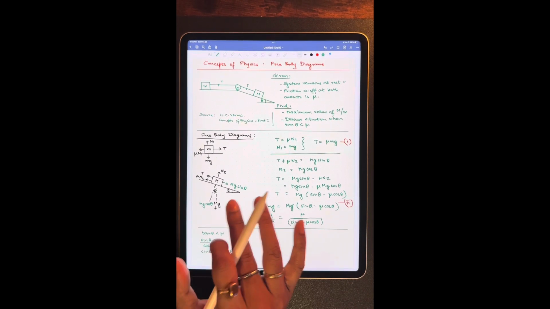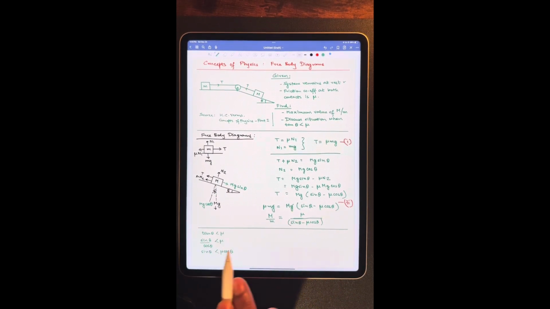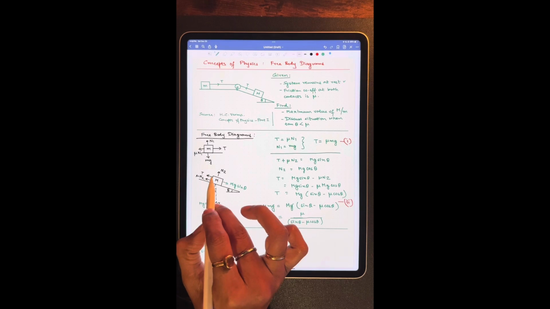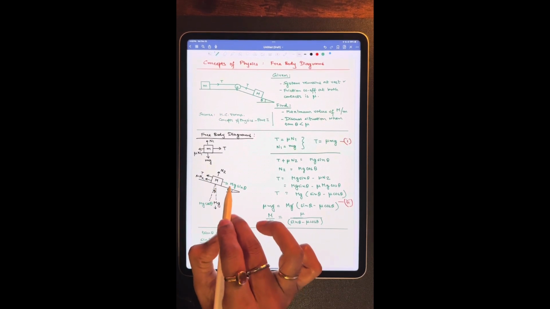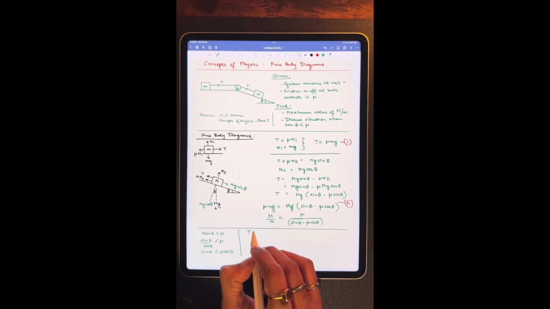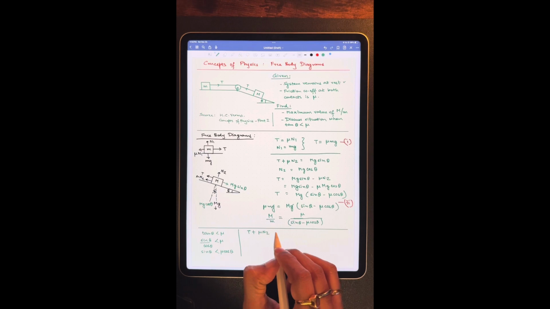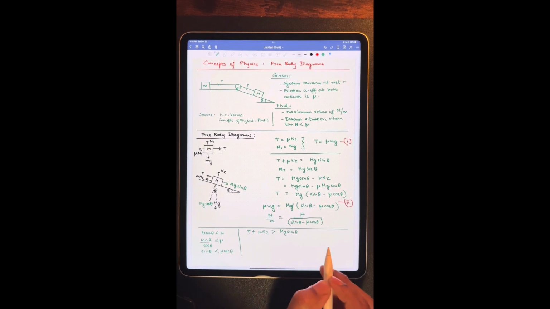For simplicity, let's take that this body will never slide down in any condition, which means that the net upward forces along the incline are always going to be greater than net downward forces. So we can say that T plus mu N2 is always going to be greater than Mg sine theta.